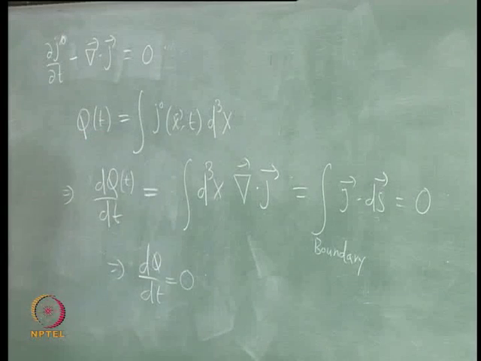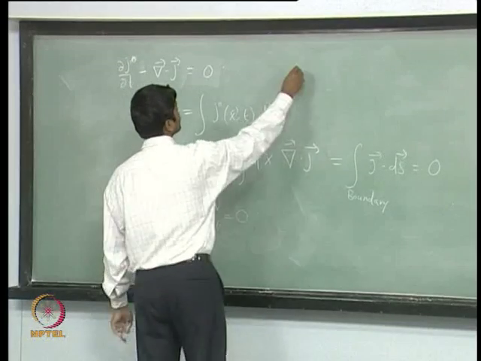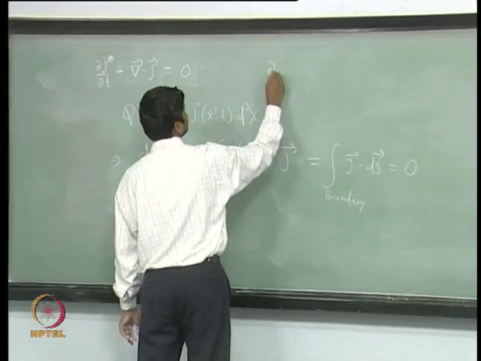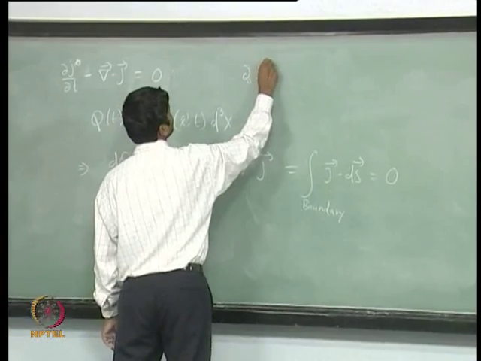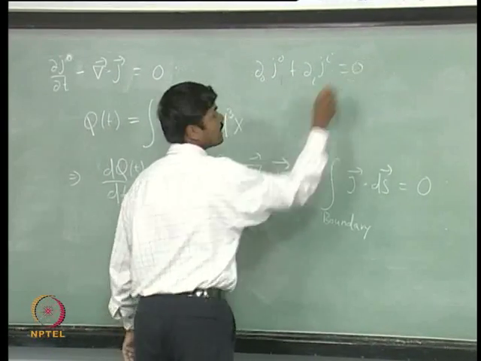That should be a plus sign because dq/dt is minus j dot ds. So, what I get is del 0 j 0 plus del i j i equal to 0, right?